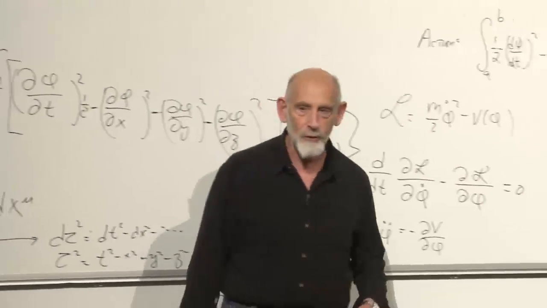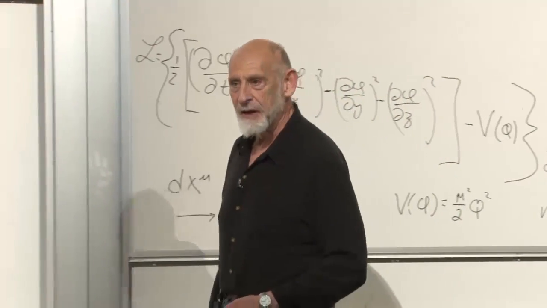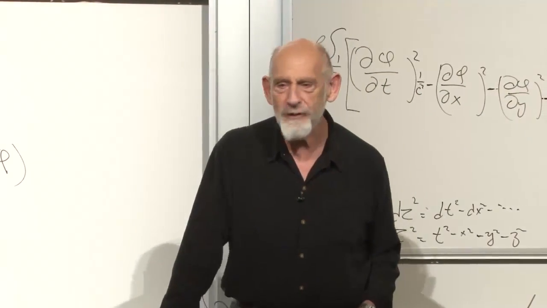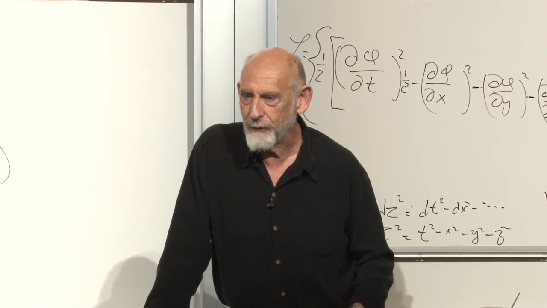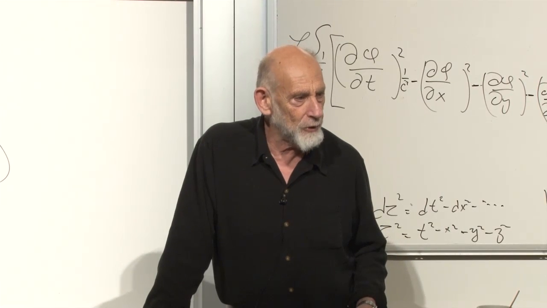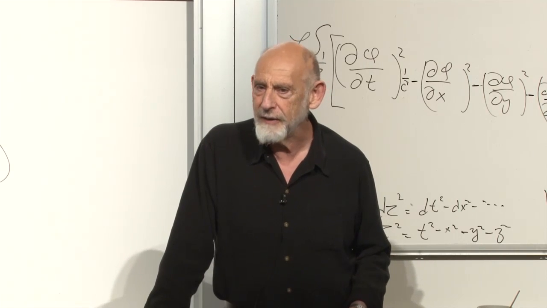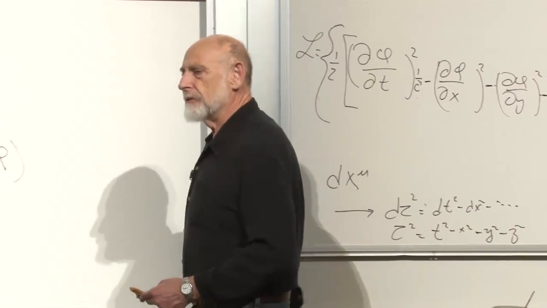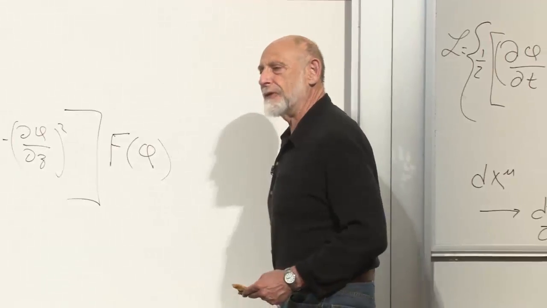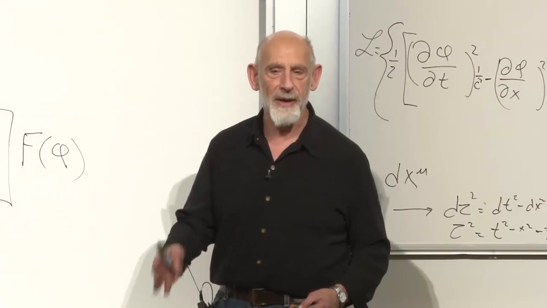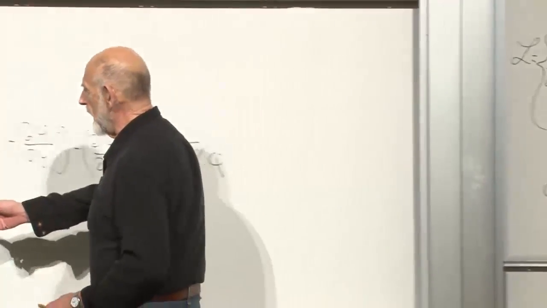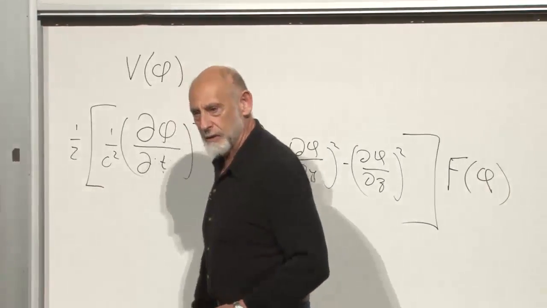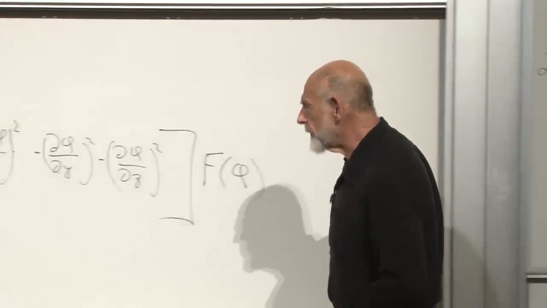You didn't have to do 1/2 mv squared. You could have taken the Lagrangian to be mv squared. Of course, then the mass would have differed from Newton's mass by a factor of 2, but that's okay. It's a convention, just as it's a convention that F equals ma and not F equals twice ma. So this 1/2 is purely a convention. There's no content in it. But once you fix it, you fixed it.